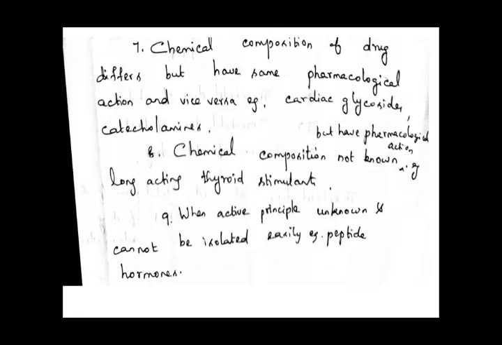Example, cardiac glycoside, catecholamine. In some conditions we don't know the chemical composition but it has pharmacological action. Example is long acting thyroid stimulants. And finally the active principle cannot be isolated.